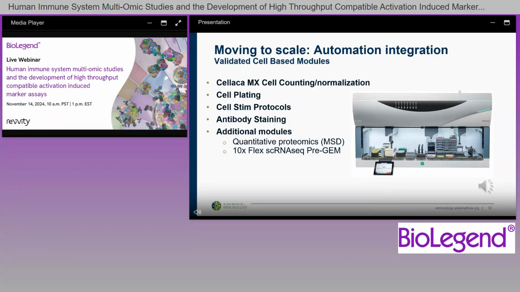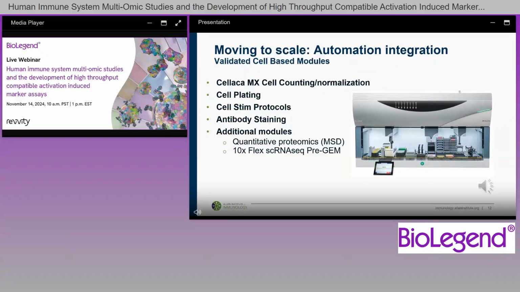And so moving forward, we have developed this small scale assisted automation, but we have the opportunity to move forward to large scale automation. And so we're doing this on the TECAN, but a lot of this stuff can be done on really any large scale liquid handling robot. So my colleagues have scripted and validated several other modules that can be used in our pipeline and in other cell-based assays.